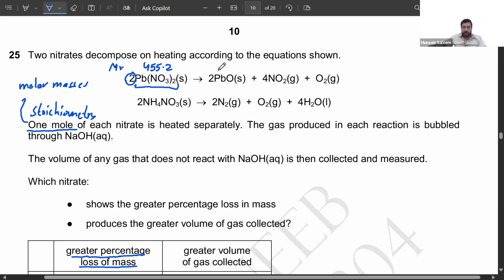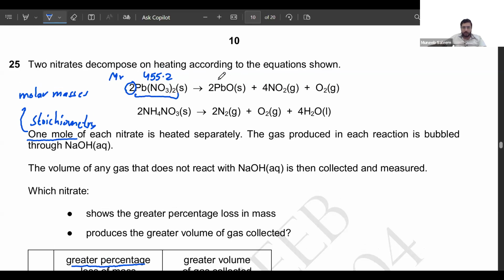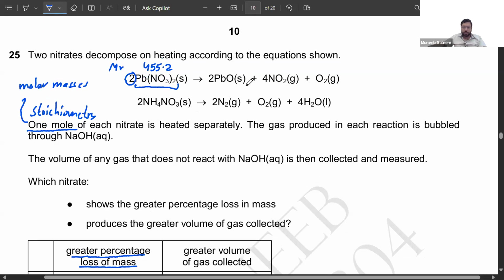Now on the product side, for the mass of the gas, you do not need to check the mass of the solid, because we have to consider the loss. So basically, loss in mass can be calculated only by calculating the MR values of the nitrogen dioxide and the oxygen. You do not need the mass of lead oxide here. All right. Okay, so for nitrogen dioxide, it will be 4 times the mass of NO2.